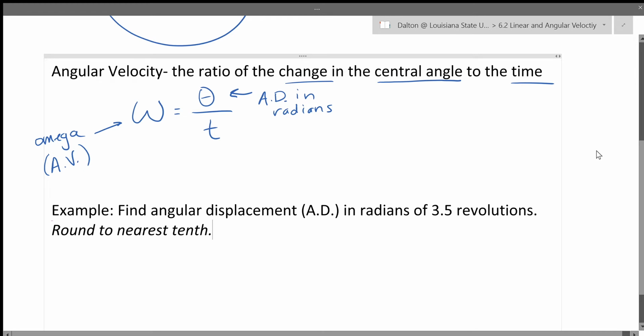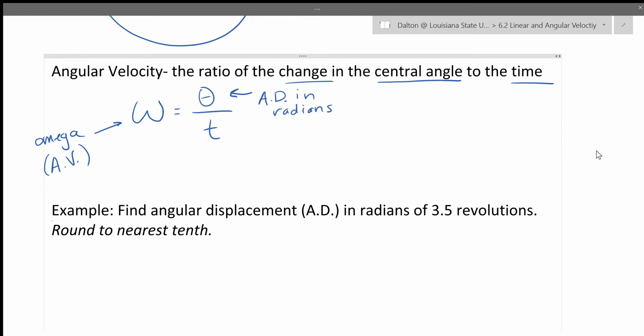Well, let's go back to the definition of what we said angular displacement was. It just says the angle created by the movement of an object along the curve of a circle from one point to another. So things to remember. No matter how small or how big a circle is, it always has 360 degrees. In radians, every circle ever in the world always has 2 pi radians, no matter how small or how big it is.